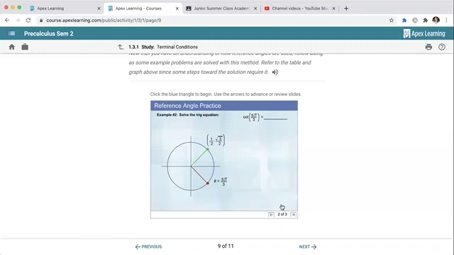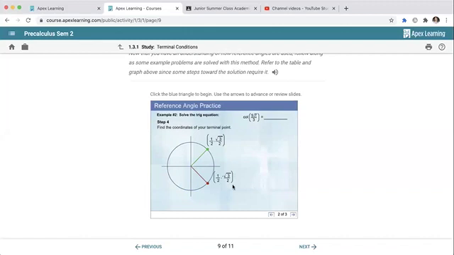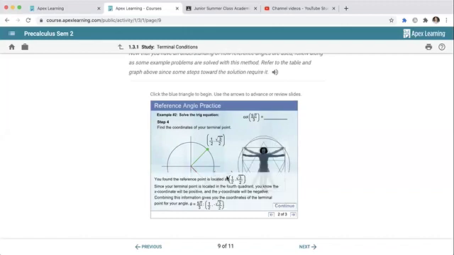Once we know its reference angle, we know its x and y coordinates. We then change anything we need to become negative. This is still in the positive x direction, so it's still positive 1/2, but it's now in the negative y direction, so this square root of 3 over 2 becomes negative.